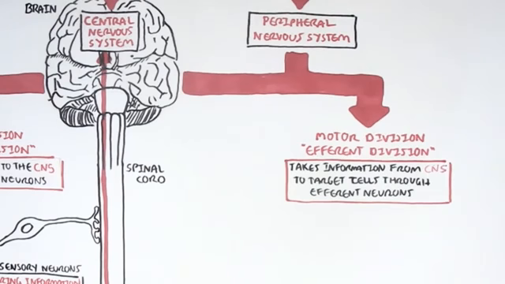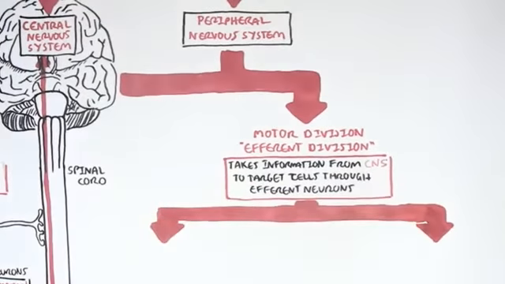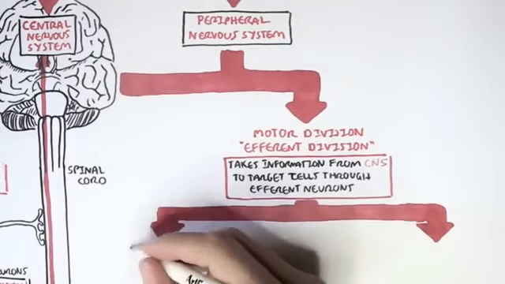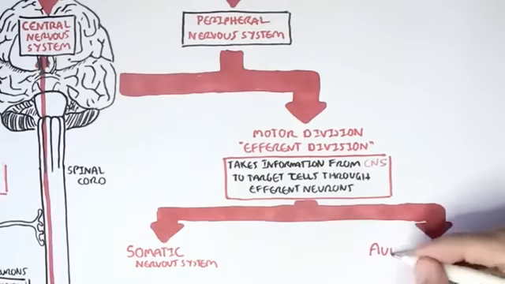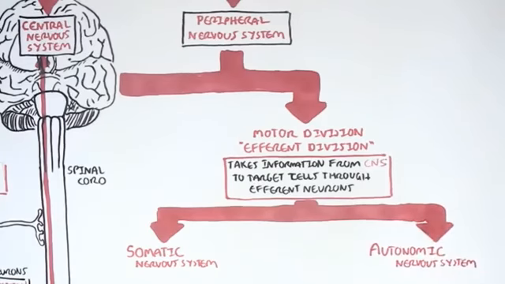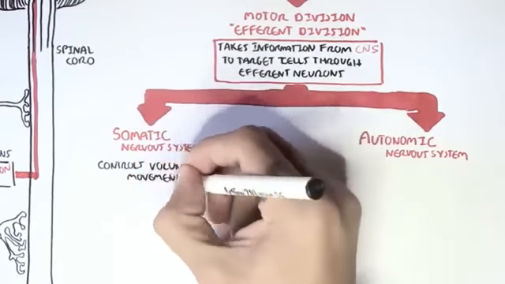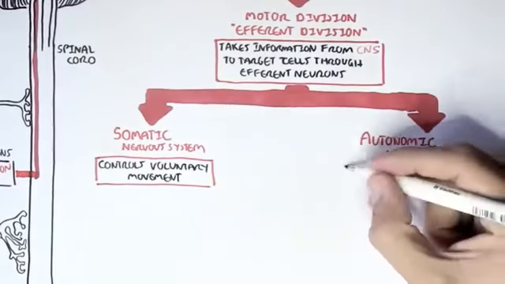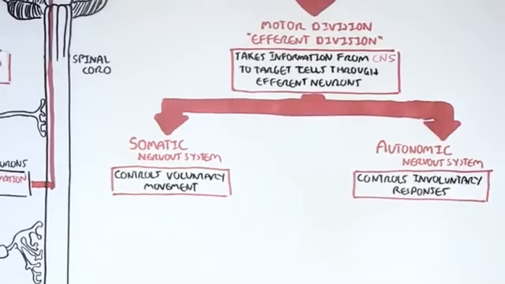And because there are voluntary and involuntary efferent neurons, we further divide the efferent division of the peripheral nervous system, so the motor division you can say, into the somatic nervous system and the autonomic nervous system. The somatic nervous system is the control of voluntary movements, and the autonomic nervous system is the control of involuntary responses.